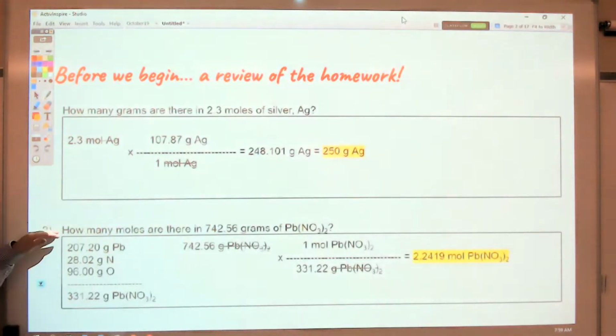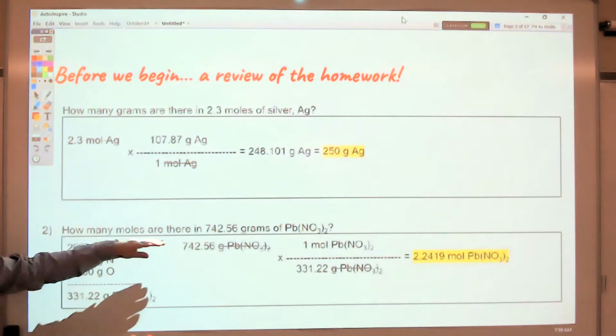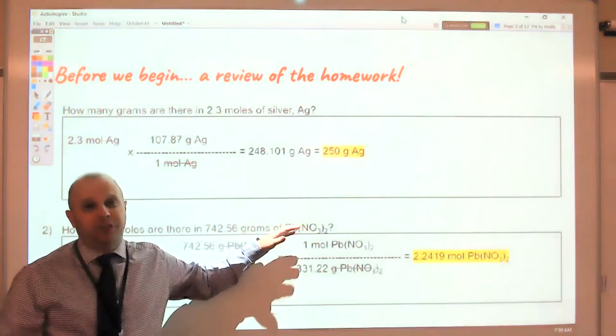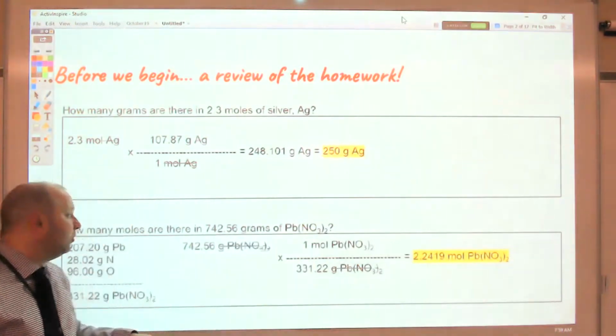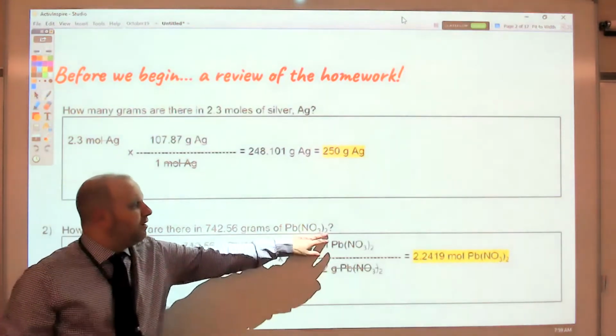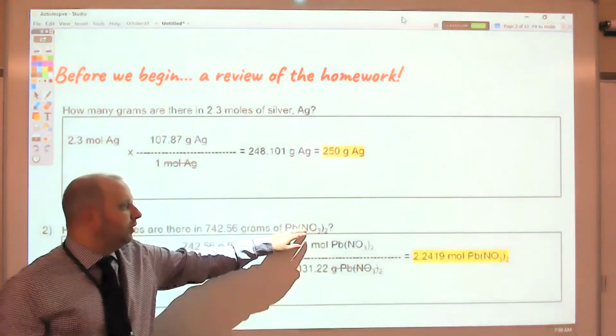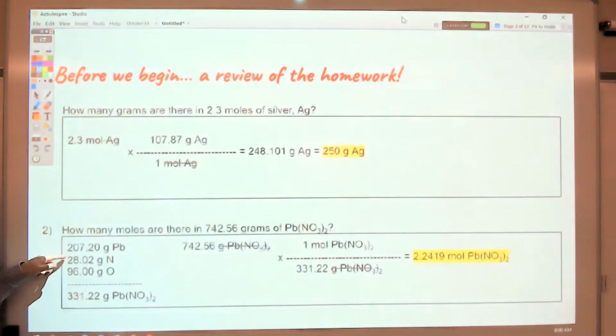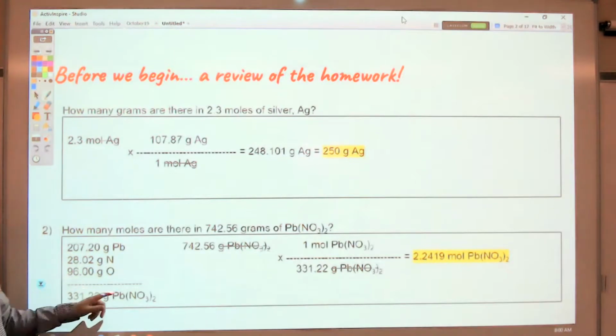In our next question, it says, how many moles are there in 742.56 grams of lead-2 nitrate? Don't worry about the name so much right now. The first thing you want to do is add together your compound. Notice we have 2 outside the parentheses, which means we have 2 nitrogens and 6 oxygens. So this mass right here, 28.02 grams, is the mass for 2 nitrogens, and this mass is the mass for 6 oxygens.